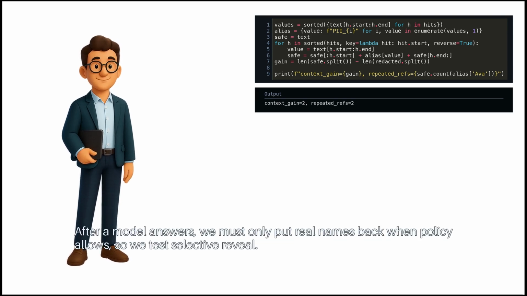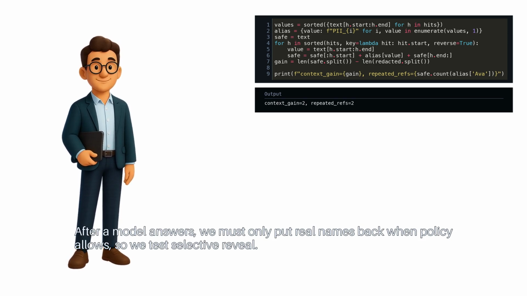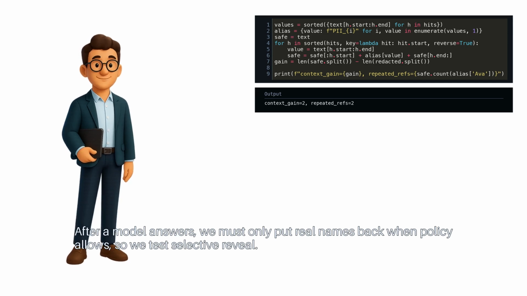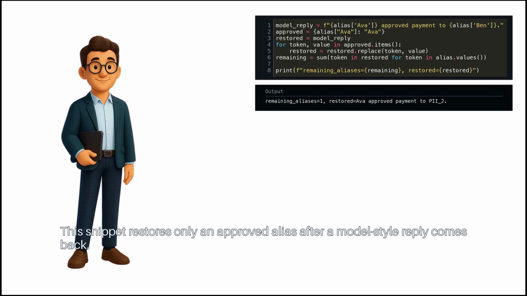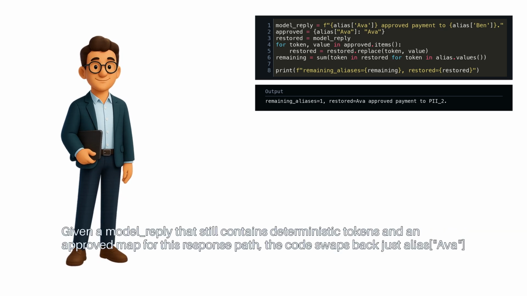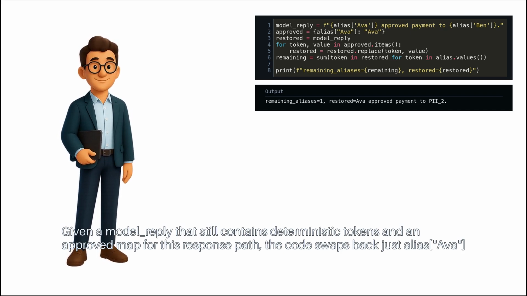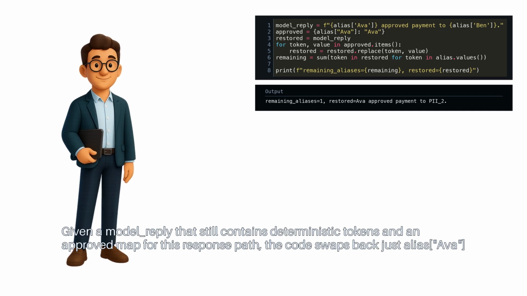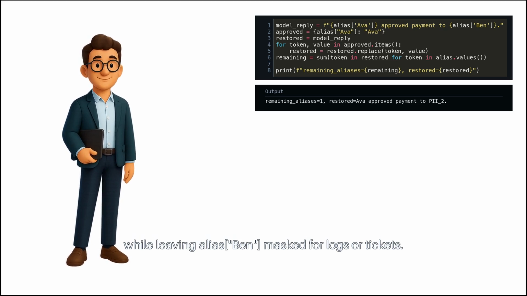After a model answers, we must only put real names back when policy allows, so we test selective reveal. This snippet restores only an approved alias after a model-style reply comes back. Given a model reply that still contains deterministic tokens and an approved map for this response path, the code swaps back just the alias for Ava, while leaving the alias for Ben masked for logs or tickets.